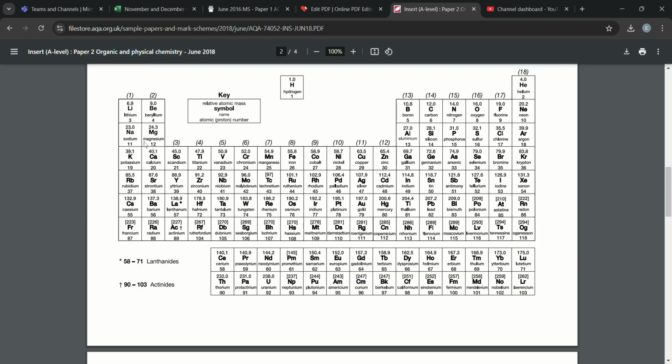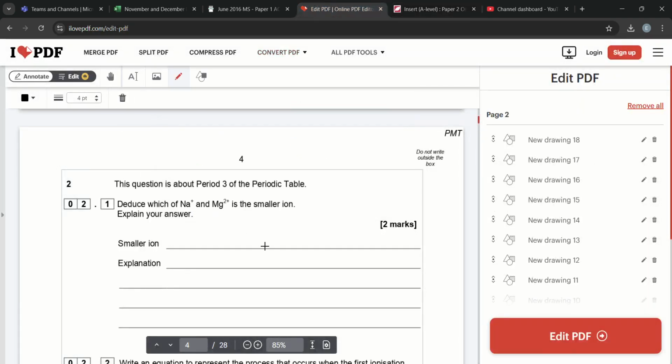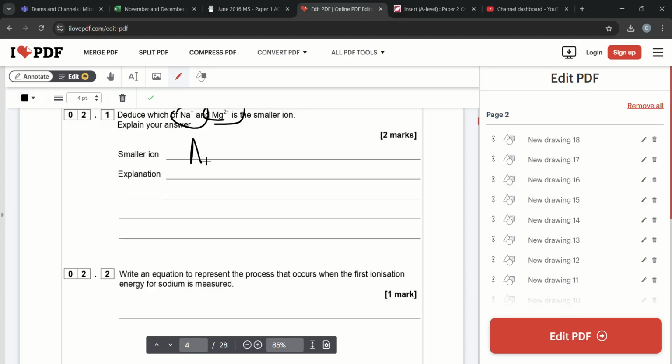Well, we know magnesium has more protons, right? So already students, including myself, fall for this trap. Therefore, Mg2+ is the bigger ion, therefore Na+ is the smaller ion. But if you think about it, the smaller ion is Mg2+.